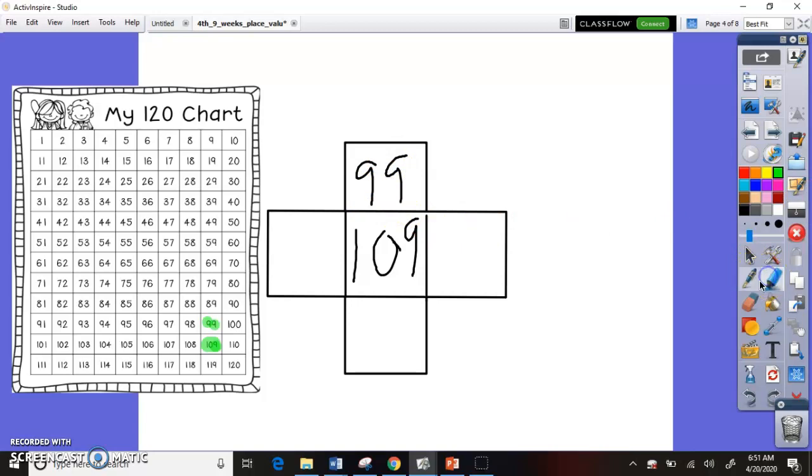I know the number below is 10 more, and that number is 119. The number to the right of 109 is 110, so that number is 1 more. And then the number to the left is the number 1 less, which is 108.